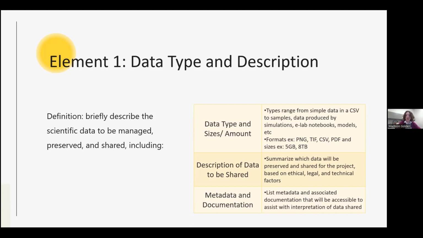And then the formats are going to be file formats, if they're digital, along with the size of those files. So if you had an image, you would say, I'm going to be sharing these in a PNG format, for example, and each image I expect to be maybe 5 gigabytes.